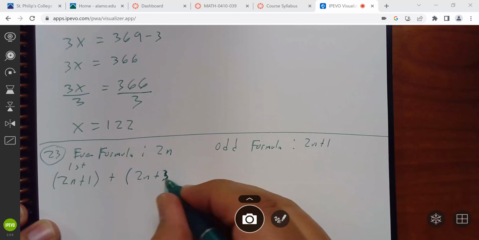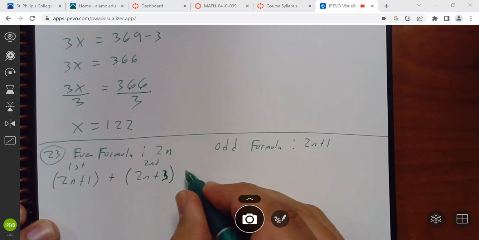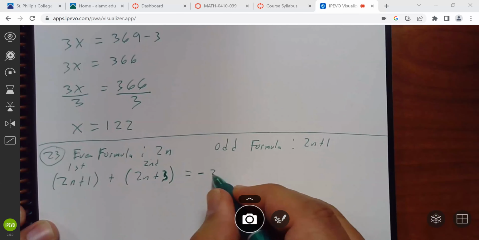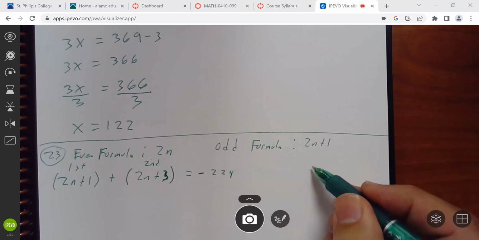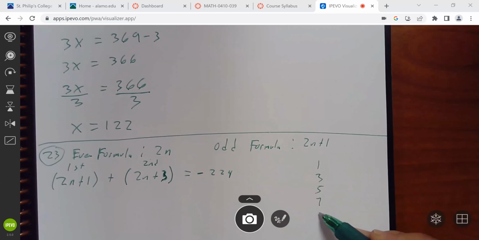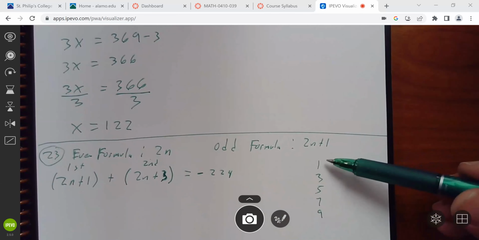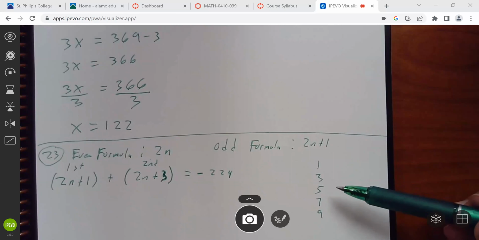Makes sense why I chose 3. One right after would be 2 away.